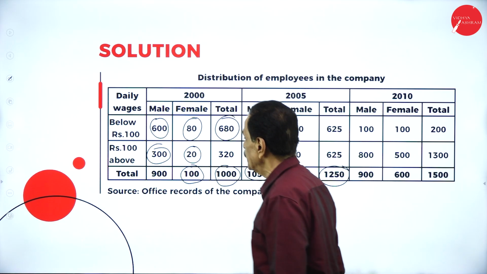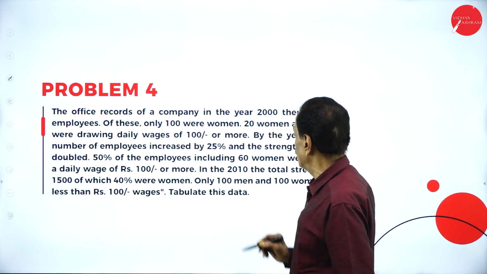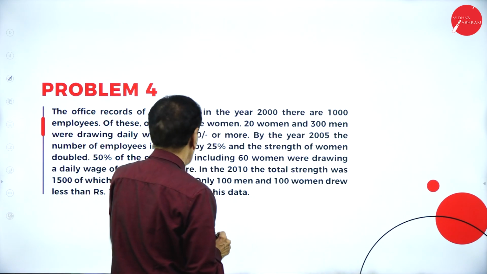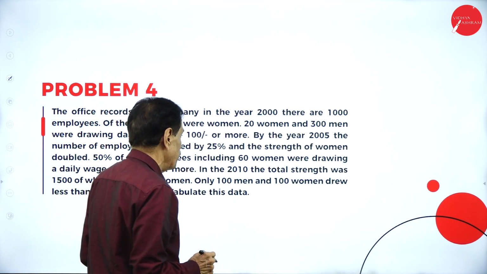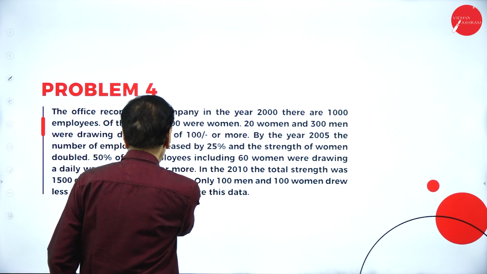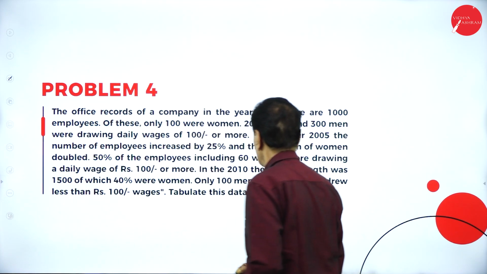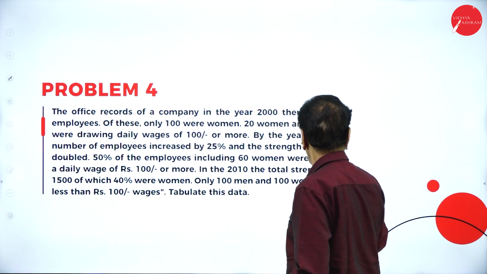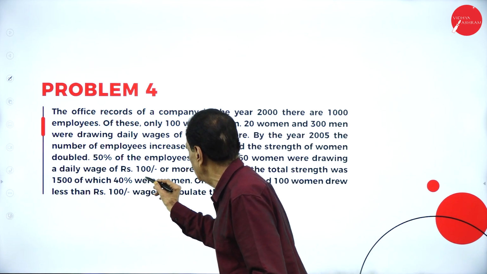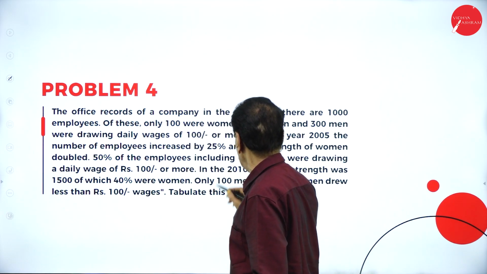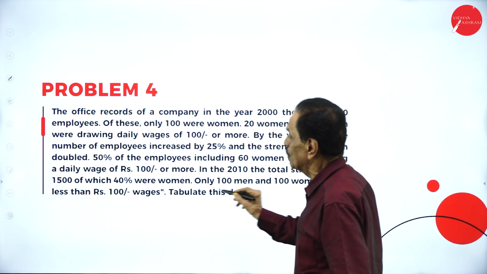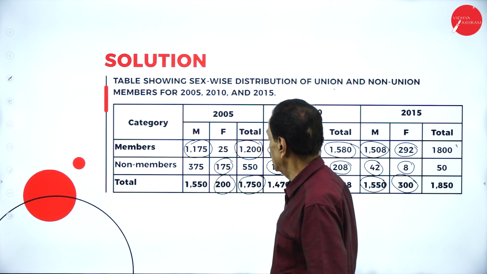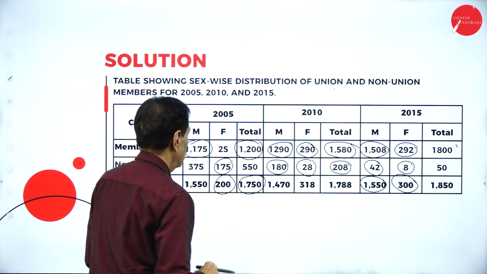Then what does he say? 50% of the employees, including 60 women, were drawing daily wages of rupees 100 or more.